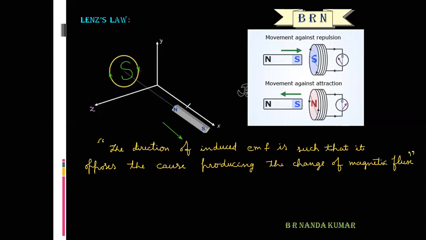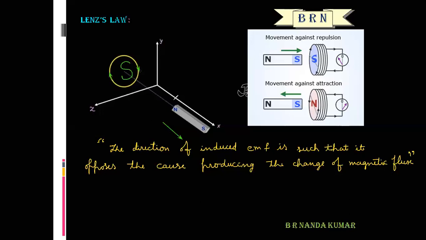That means the face of the loop behaves like a north pole. That opposes the further change of the magnetic flux.